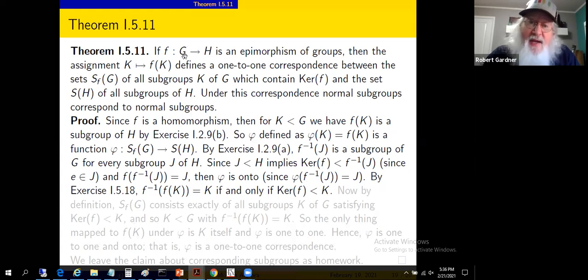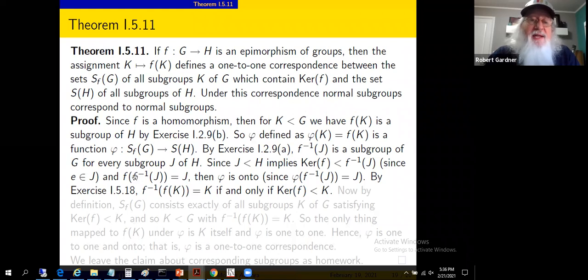The inverse image of the identity is the stuff over here mapped to the identity, which is the kernel of the homomorphism. So the kernel of the homomorphism is a subgroup of the inverse image of J. We started with simply taking J to be a subgroup of H. If we then take F of the inverse image of J, that'll produce J itself.